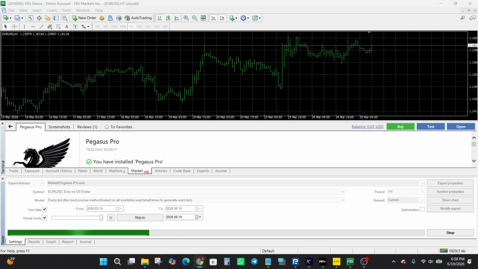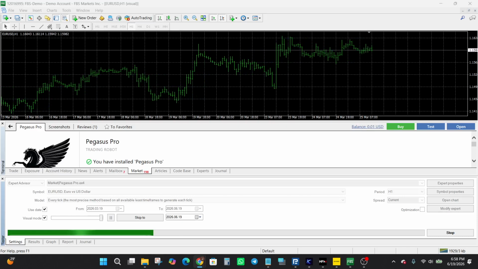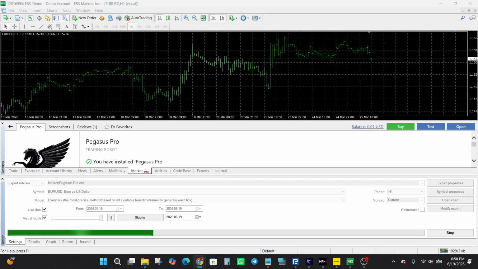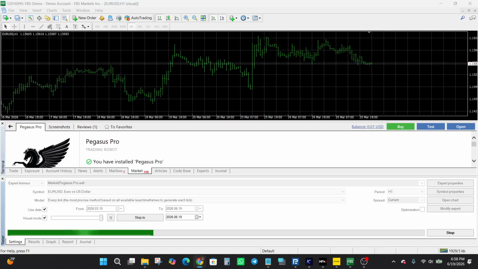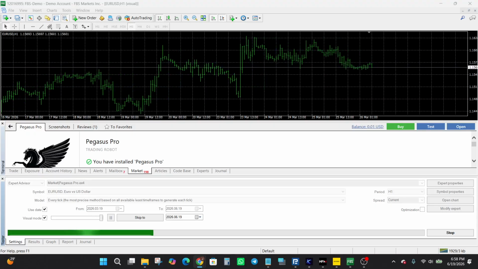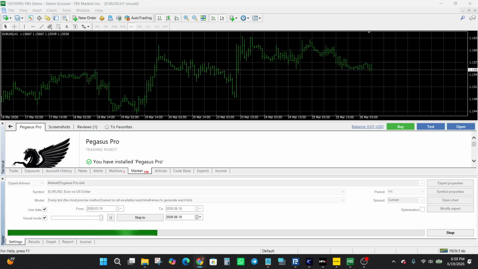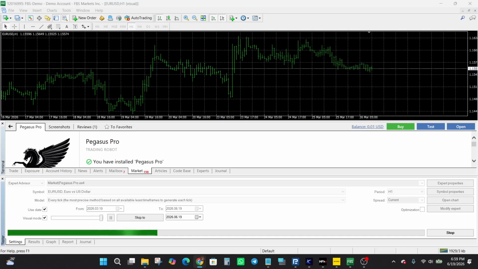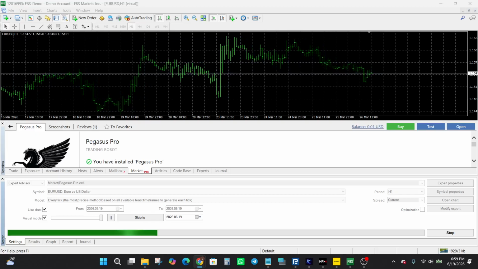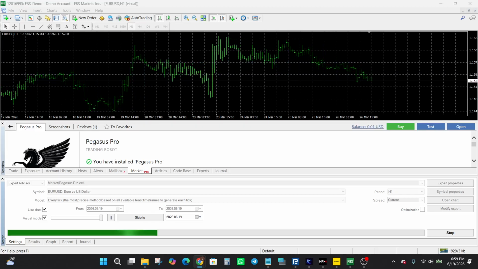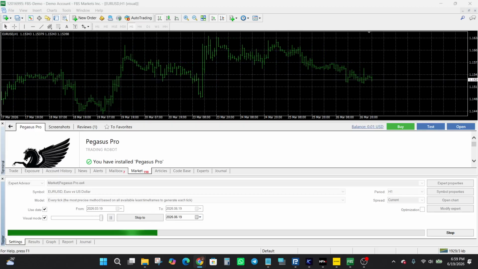Overall, the Pegasus Pro EA presents itself as a fully automated MT4 high-frequency trading system designed for low latency environments and ECN trading conditions. If you are interested in this type of execution-sensitive approach, thorough testing under conditions similar to those recommended by the developer will be an important step before considering live deployment.